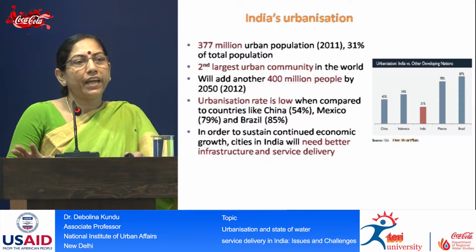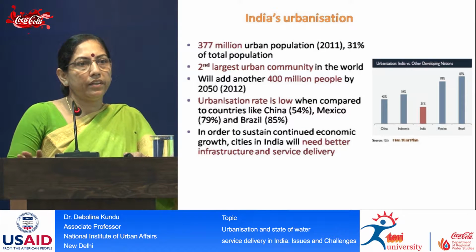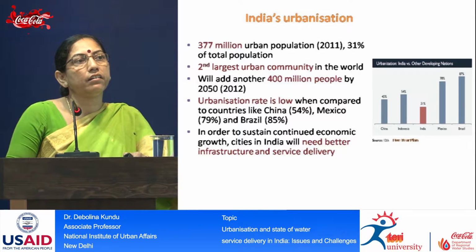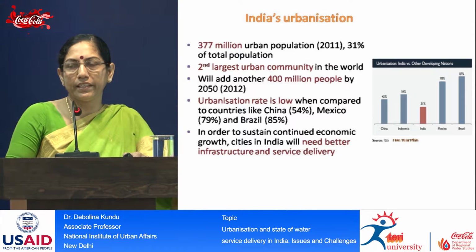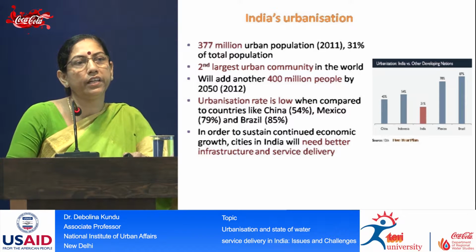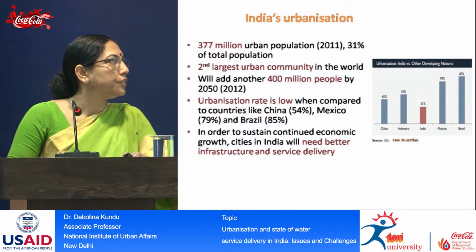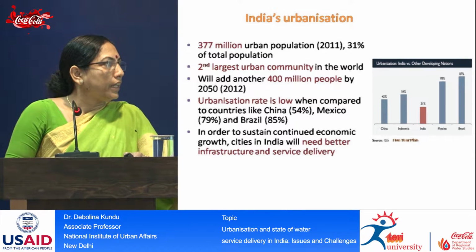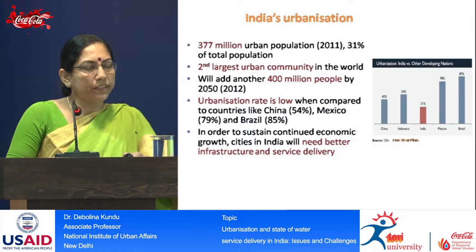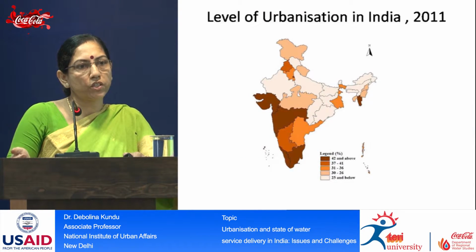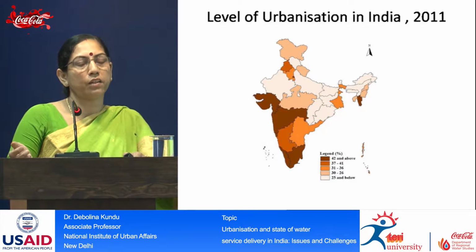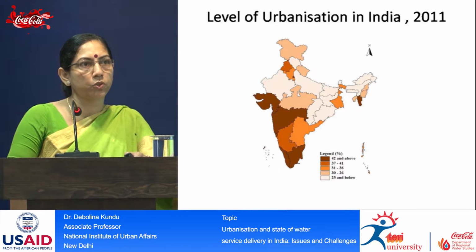In 2011, we had 377 million people living in urban areas, the second largest urban community, and various international and national agencies project India to urbanize very rapidly in the next few decades, with about 400 million people to be added by 2050. To sustain the current and future economic growth, we need basic amenities, and water is one of the most important inputs to urban areas.